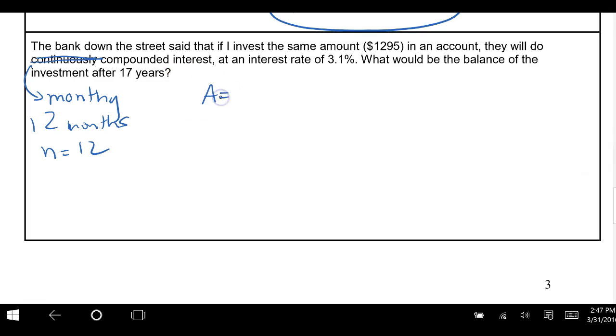So A is equal to, again, $1295 times 1 plus, because we're gaining money, and remember this rate is going to move 2 decimal places to the left, so it would be 0.031, over n, which in this case is 12, because there's 12 months in 1 year, and then the exponent will be n, which is 12, times 17 years, which is our time.